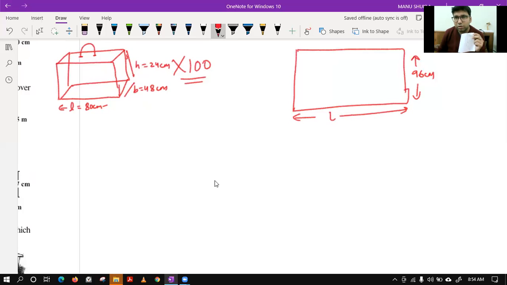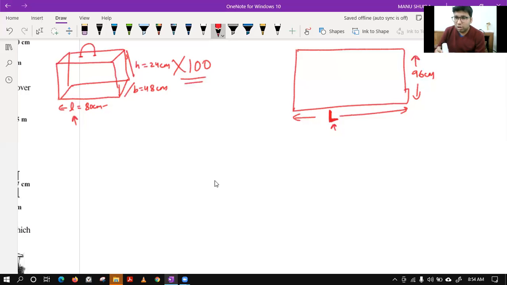So L is unknown in this case. Let me call it capital L, because here it is small l. We have to make some sort of difference. Class, please tell me, till this point any issue?